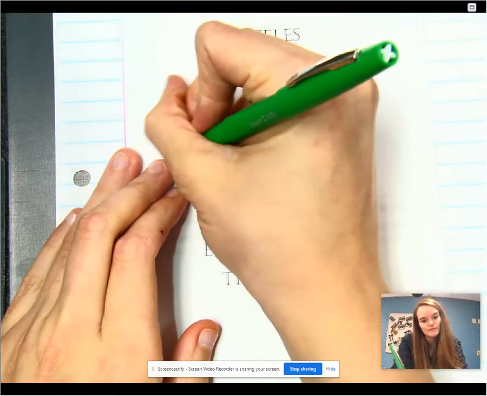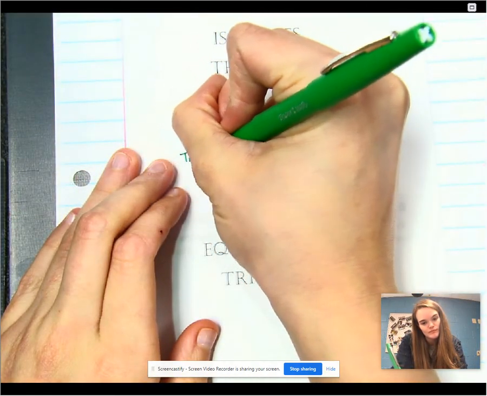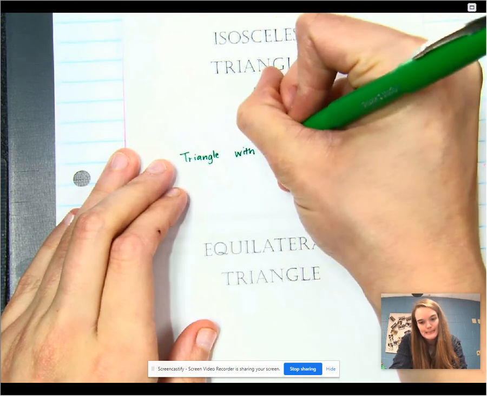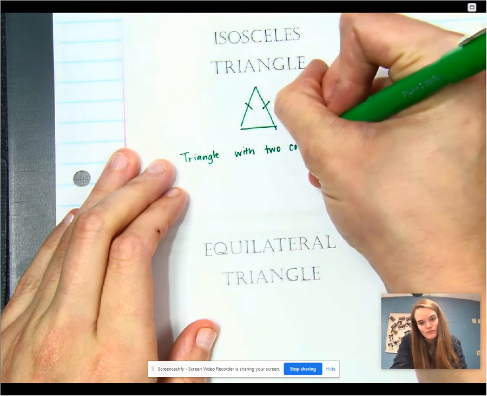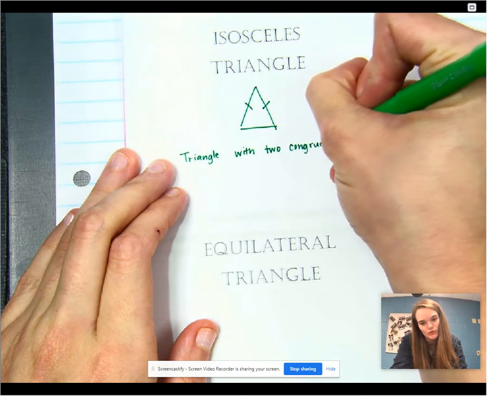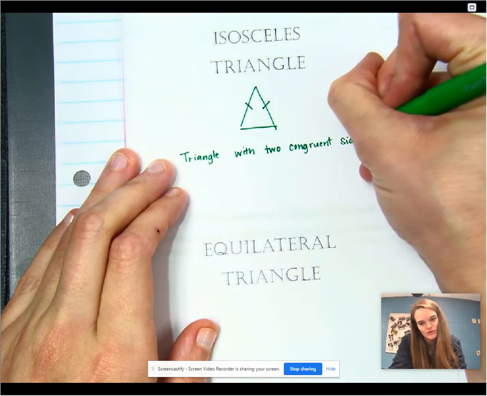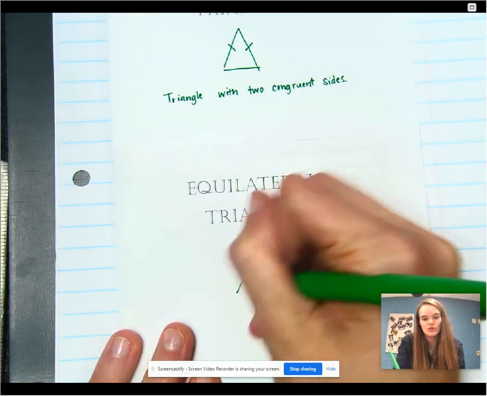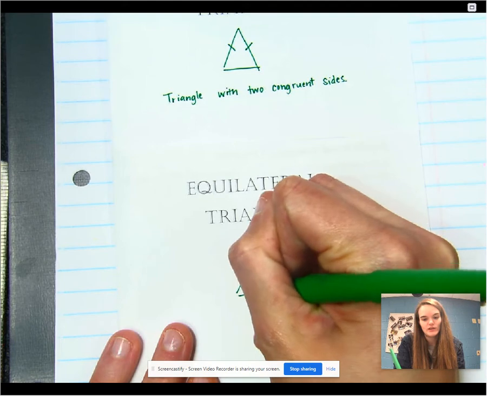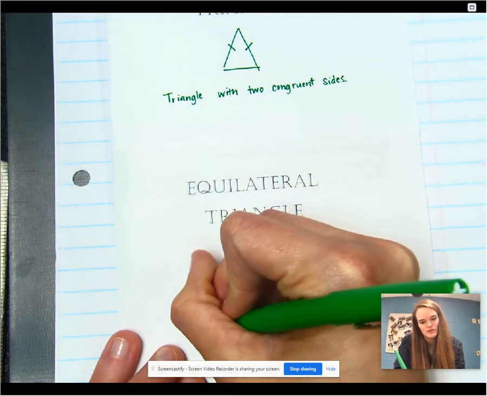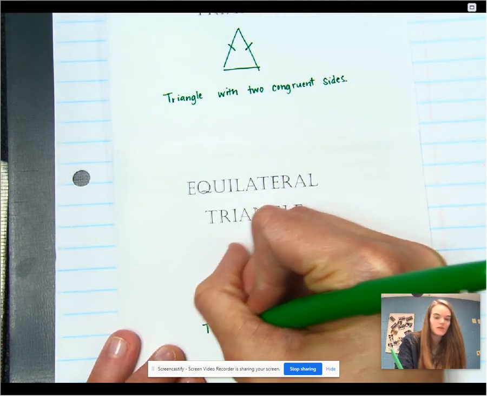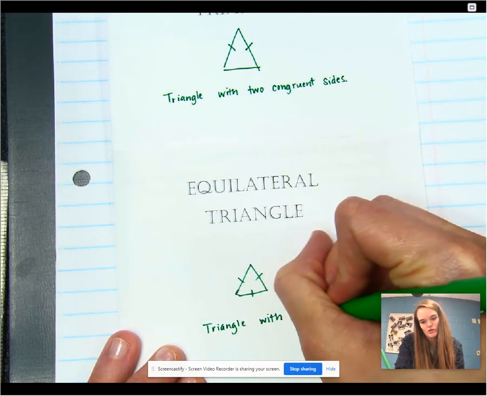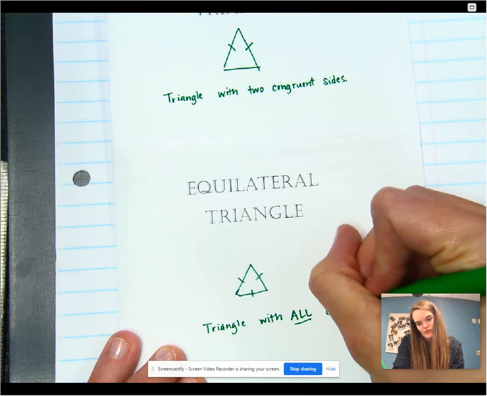So triangle with two congruent sides. Okay? And equilateral is a triangle with three congruent sides. Put all instead of three.